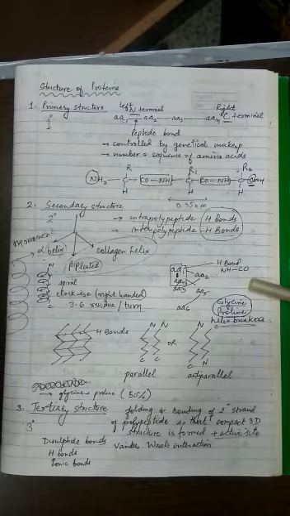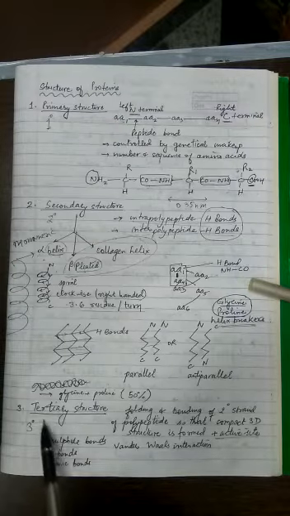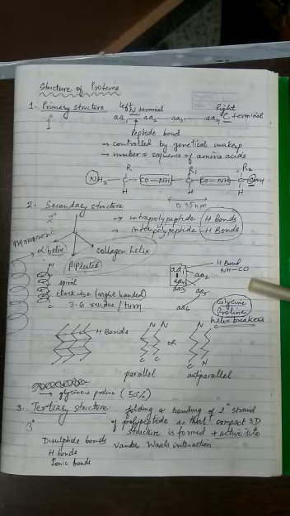Now what is an active site? We all know a lock has a place where the key has to be inserted, and then only the lock can be opened, and the place where the key is inserted matches the shape of the key. In the same manner, enzymes have active sites, and in those areas a particular substrate or reactant has to attach and a reaction takes place. So active sites are formed by tertiary structure.